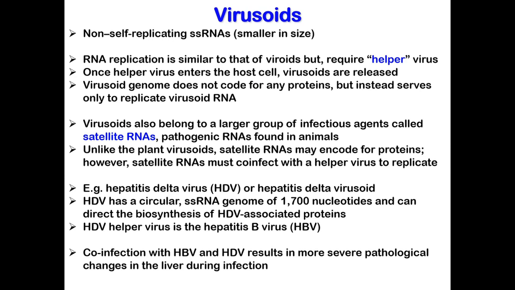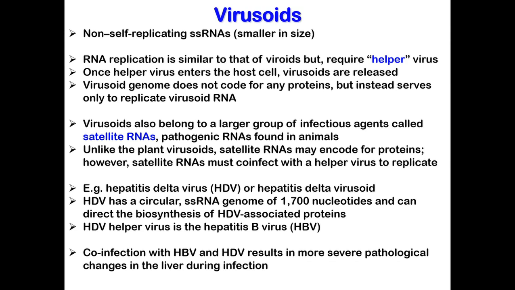So virusoids are non-self-replicating single-stranded RNAs. And these belong to a large group of infectious agents called satellite RNAs. RNA replication with the virusoids is similar to that of viroids, but they require helper viruses. Then once helper virus enters the host cell, virusoids are released.